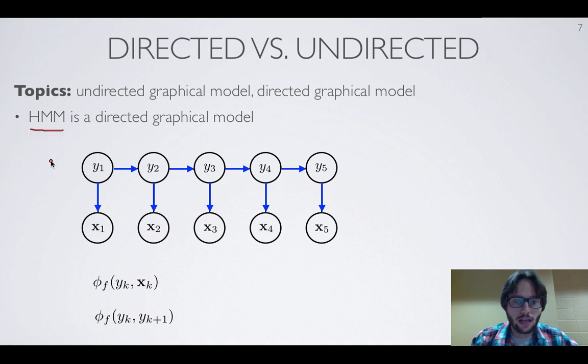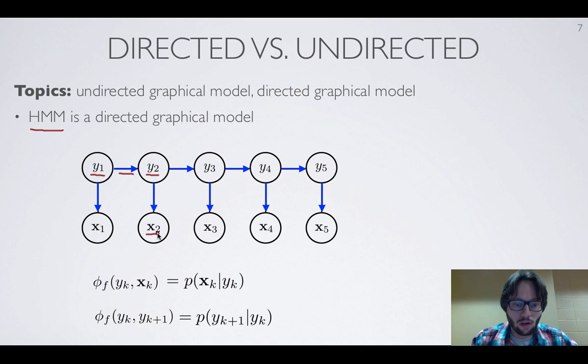So if we visualize it as a Bayesian network, that is a network where the nodes are the random variables and the edges are now directed, each edge in this case corresponds to a conditional probability in the model. That's a property of a Bayesian network. In this case, for a hidden Markov model, this arrow here would correspond to the conditional probability of y2 given y1.